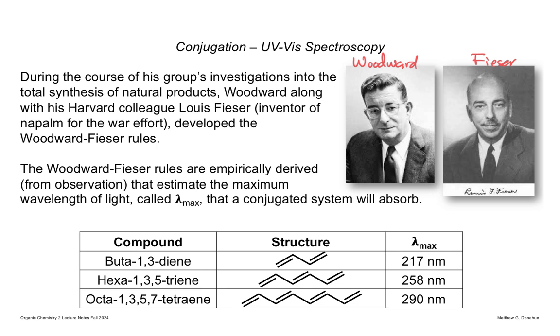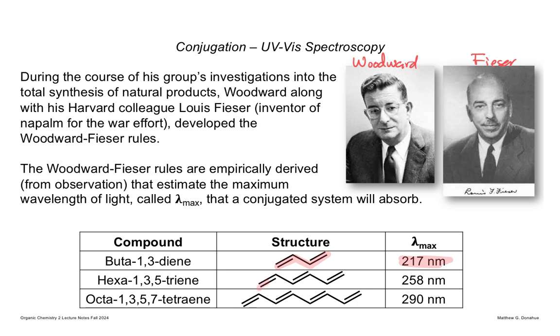So basically, we're going to start off with a base number of 217. So 217 corresponds to the 1,3-butadiene. That's the benchmark system. And then as you start substituting off different groups, either adding alkenes or different groups, that number is going to increase. So the 217 is going to get greater. That moves it into the visible region.